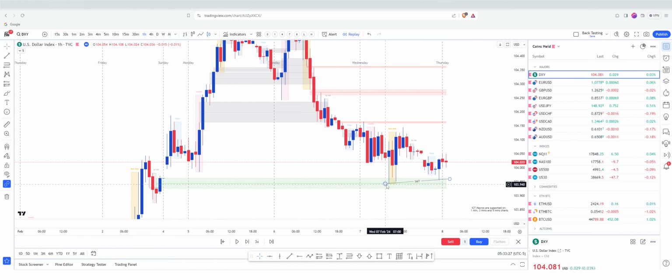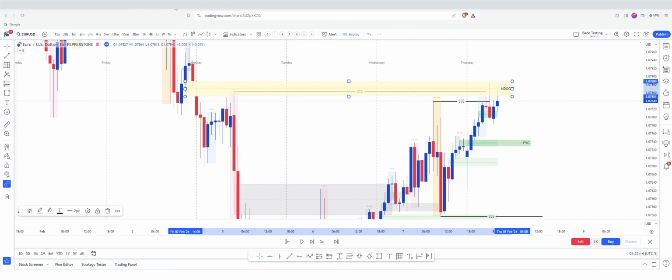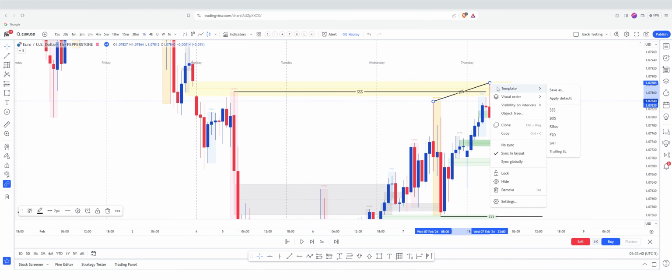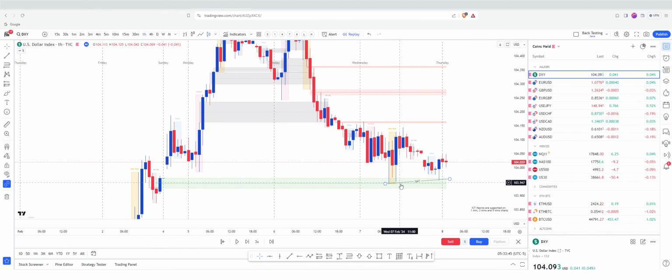So the Dixie has failed to take out yesterday's low. Asia opened, has driven down, has come into this fair value gap. It's respected it, but it hasn't taken the low. So whereas we took the high on the euro, we failed to take the low on the Dixie. So this is hourly SMT.